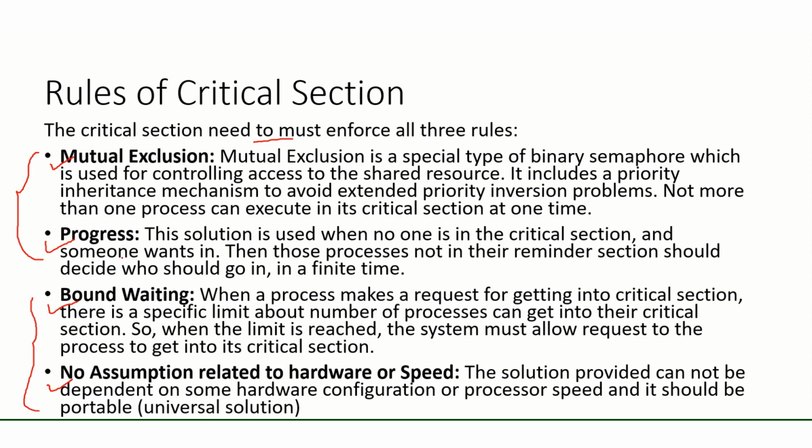We must write the code in each process's entry section so that if one of the processes is in the critical section, then the current process cannot enter. If this is true, then we can say that mutual exclusion is implemented. So in short, only one process can be in the critical section; the other process must wait till the first completes its task. Now we'll see the next condition, that is progress.